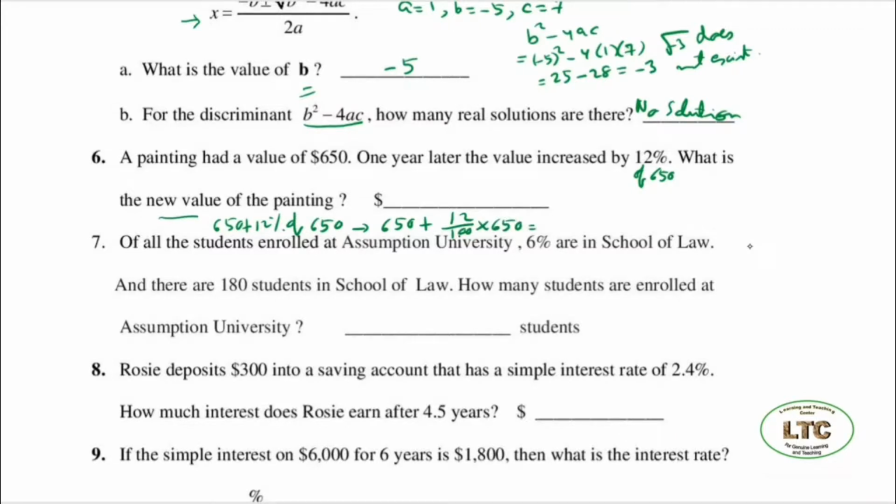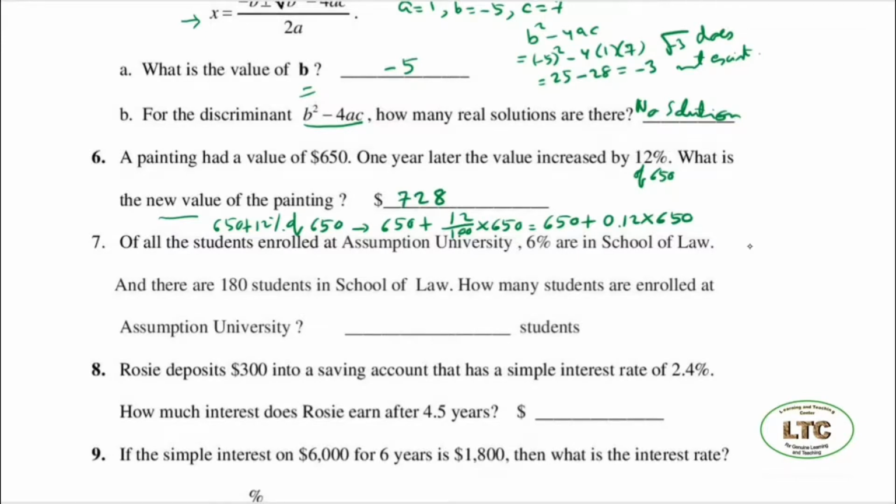So 12 over 100 is 0.12 multiplied by 650. Okay, use a calculator. 650 plus 0.12 times 650 is equal to 728. Okay, $728.